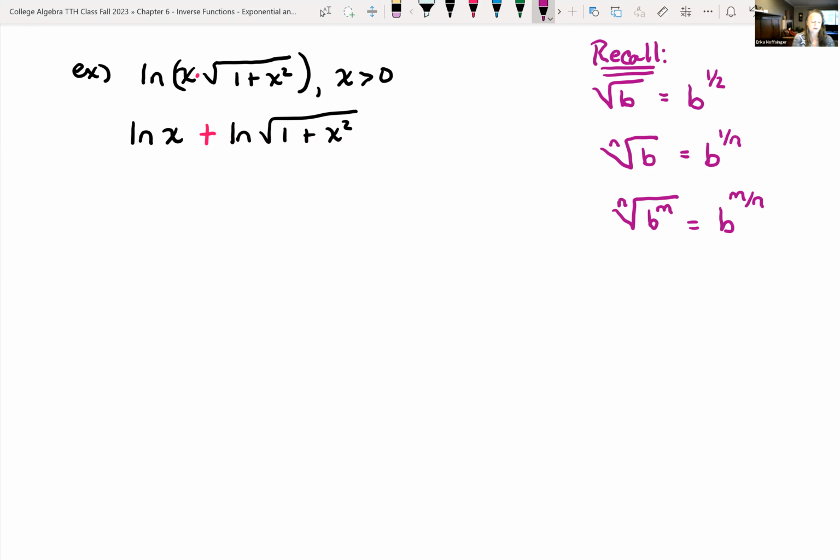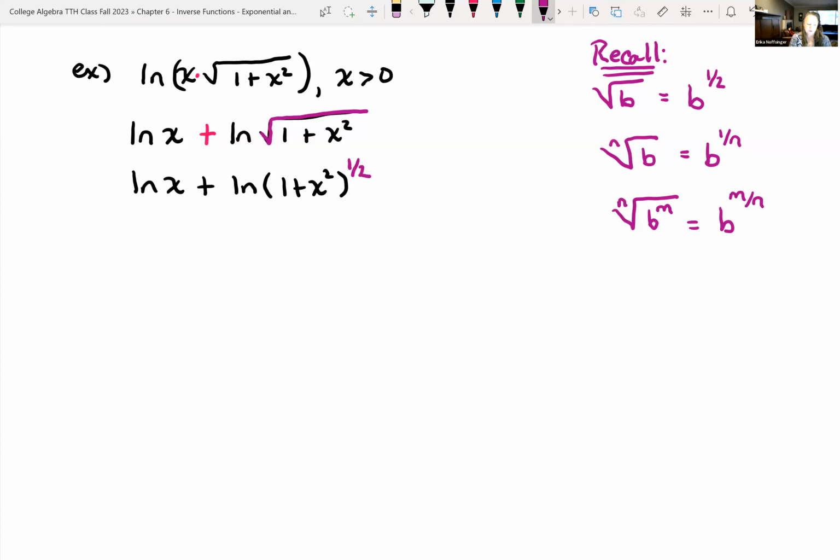And so based off of that, we can rewrite this radical here as a 1/2 power. And so we have the natural log of x plus the natural log, parentheses, of 1 plus x squared. And that 1 plus x squared is raised to the 1/2 power.